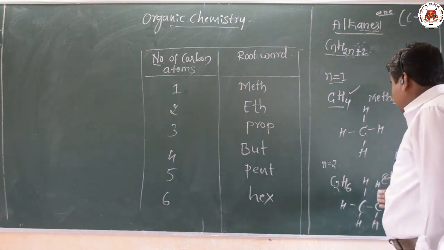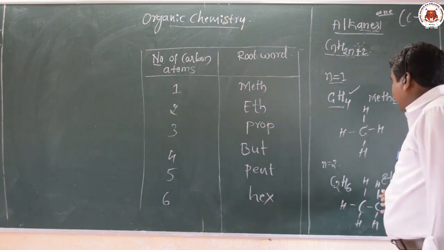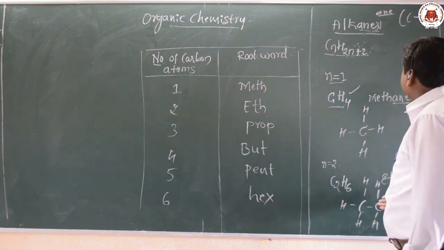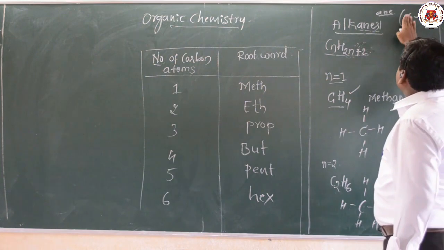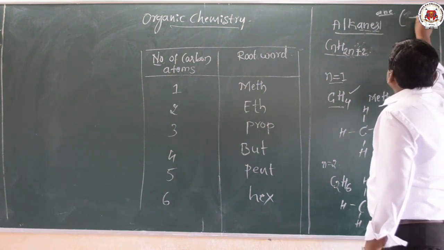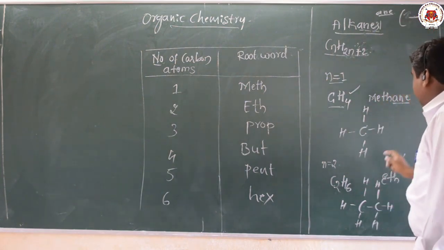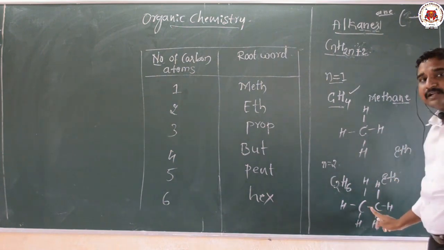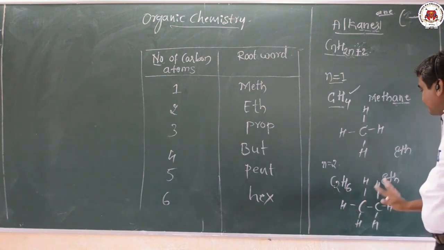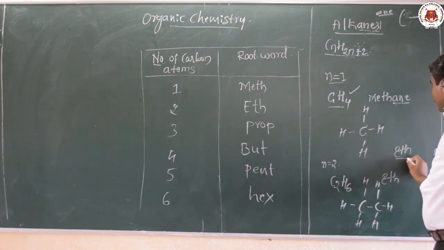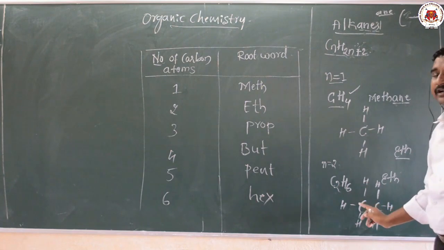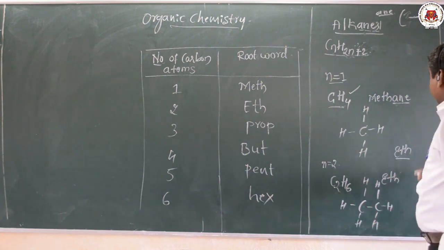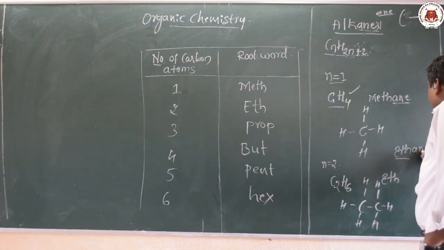By looking at this structural formula, we come to know that the compound contains only single bonds. So again the name of this compound has the root word eth, because the compound contains 2 carbon atoms, and since it contains only single bonds, I will write here ANE.